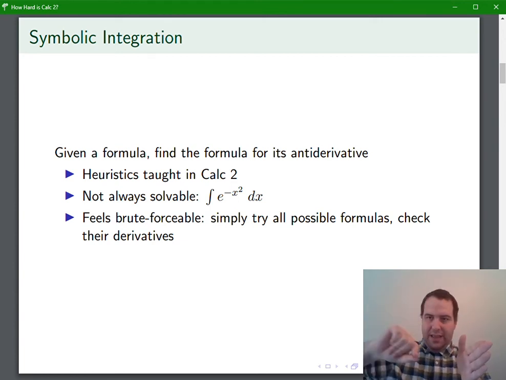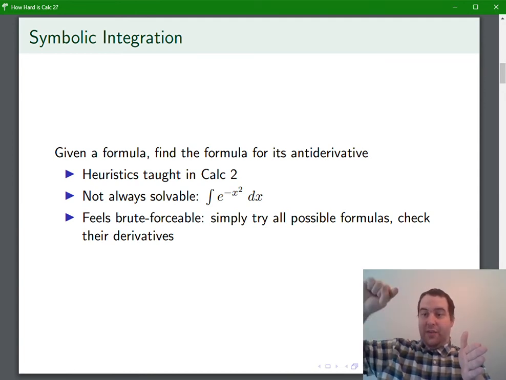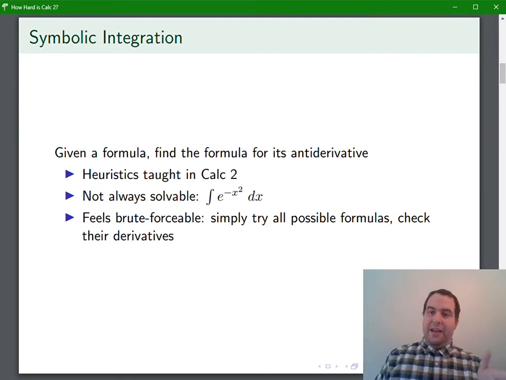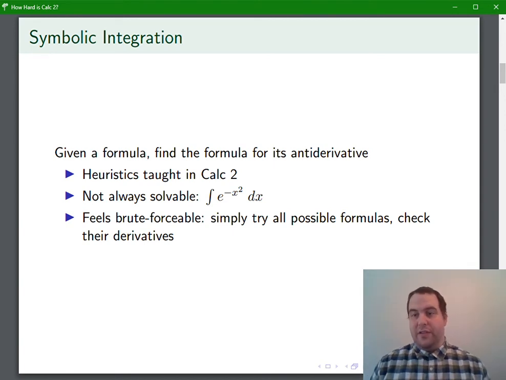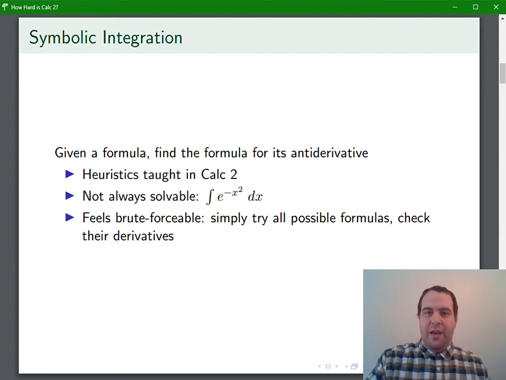You take the derivative of the thing in the list and check it against the problem, and if it agrees, then we found the antiderivative, and if not, we keep going down the list. And as long as you don't mind not halting in the case of, for instance, trying to find the antiderivative of e to the minus x squared, then this is a good way of doing it.